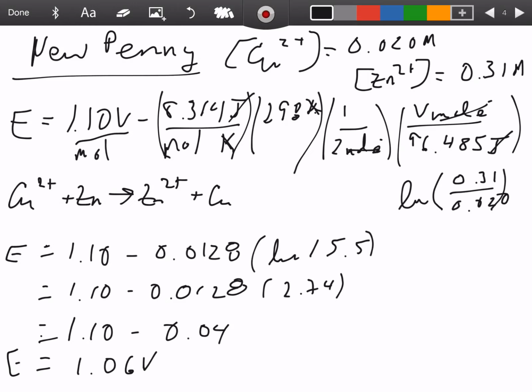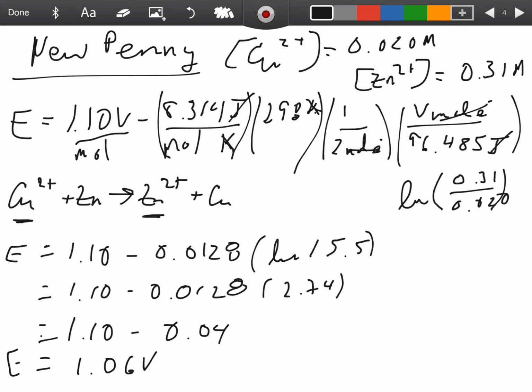If that's the case, then with too much product and not enough reactant, my reaction should shift to the left and become less spontaneous. My reaction still is spontaneous, but less so than if they were both 1 molar. So it does make sense.